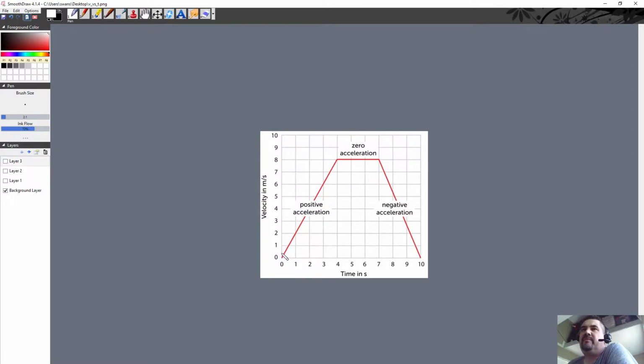But the only difference is this is negative and this one's positive. If you're just talking about what's called magnitude, how great and strong the acceleration rate was, then this one has the greater one, and this one has the smaller one. This one only has 2. The only difference is this one's slowing down, this one's speeding up. But other than that, it doesn't really matter.